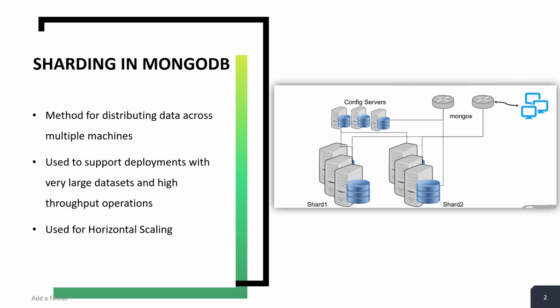Let's get started. So sharding is a method to distribute the data across multiple machines. Say you have one TB of a collection, which you can just break into multiple smaller data sets, and then you can just place it in each and every shard. So that's the basic of a sharding. So this is primarily used for deployments with very large data sets, and that also demand high throughput operations.